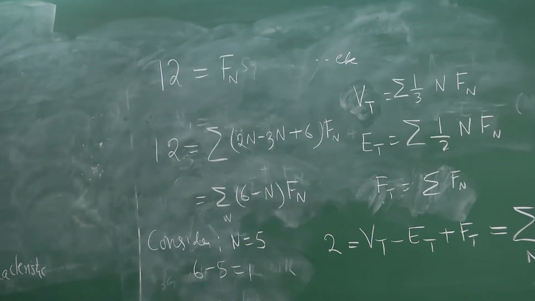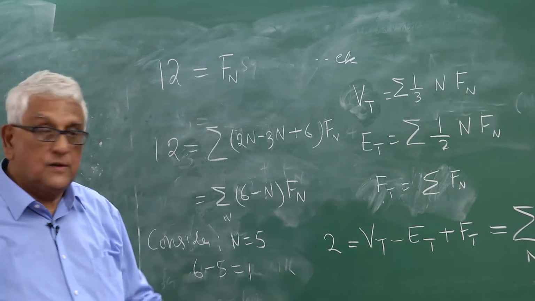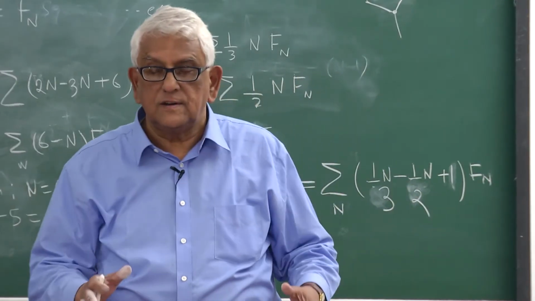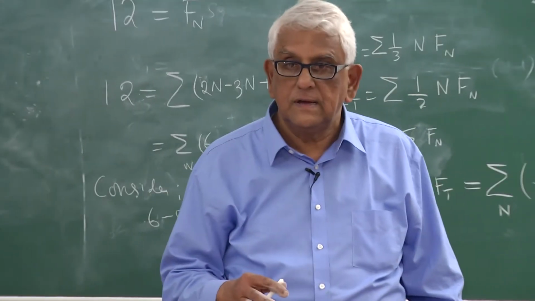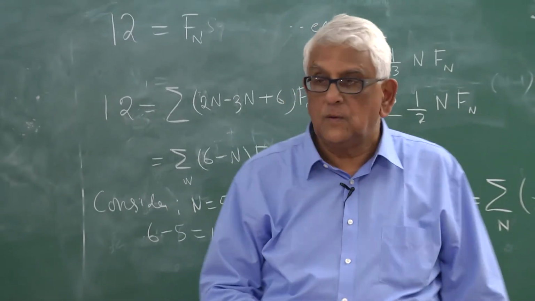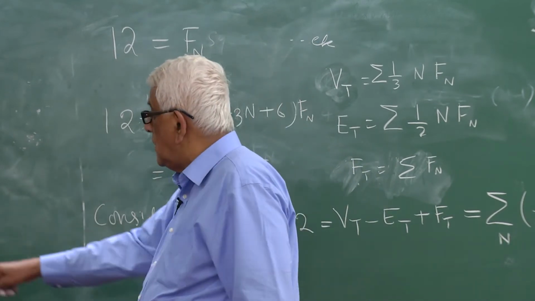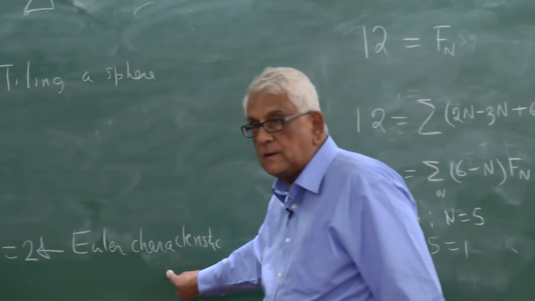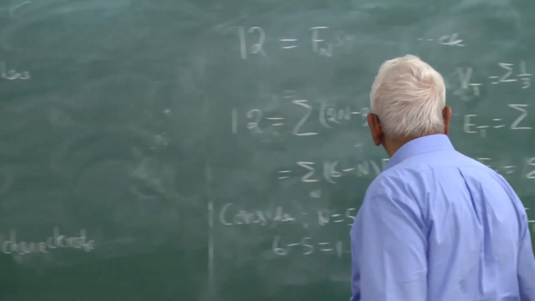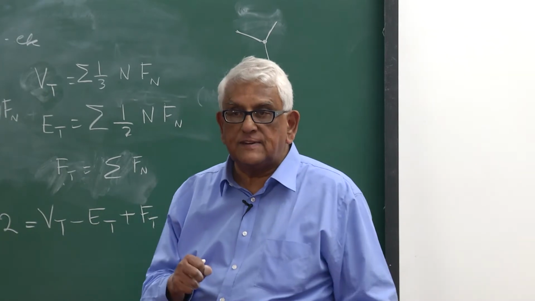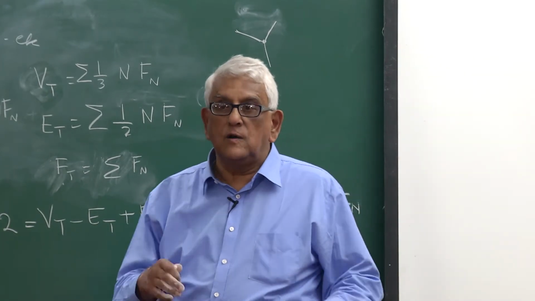So let me go through the steps again. The idea is you want to glue together different size figures to form something which has the Euler characteristic of the sphere. To do that, I have glued together different n-sided figures. How do I glue?